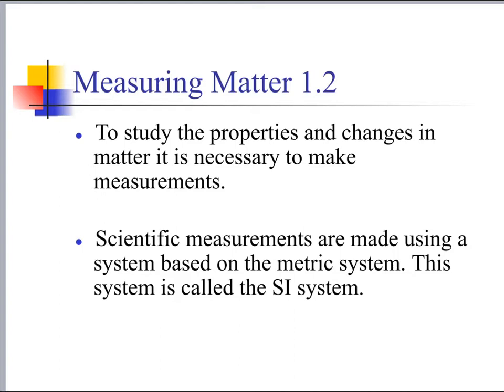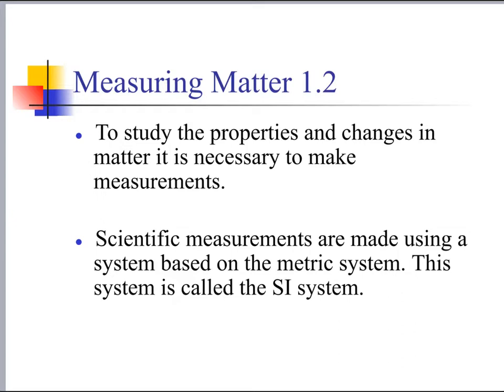So the scientific measurements that we like to make and that we will make eventually are the ones that are based on the metric system. The metric system can be expanded out into what is called the SI system. A lot of times people think of it as, oh, it's just the science system.